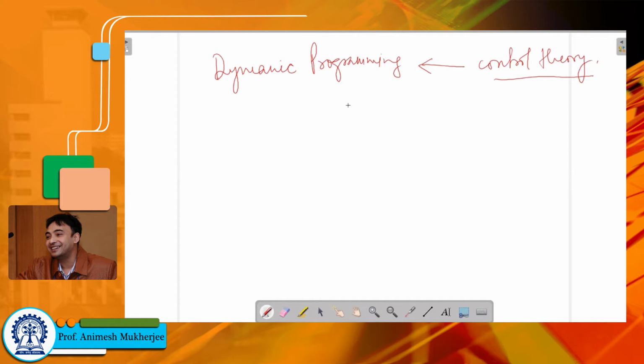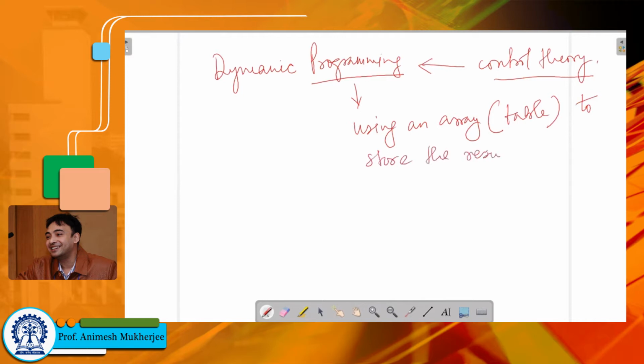The sense in which the term programming is used is about using an array or a table traditionally to store the results and reuse it later.